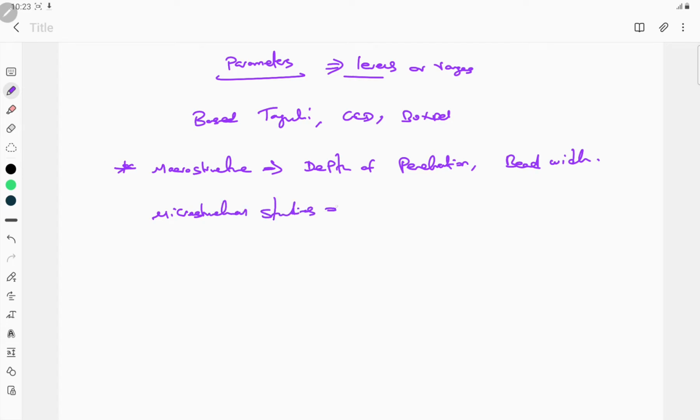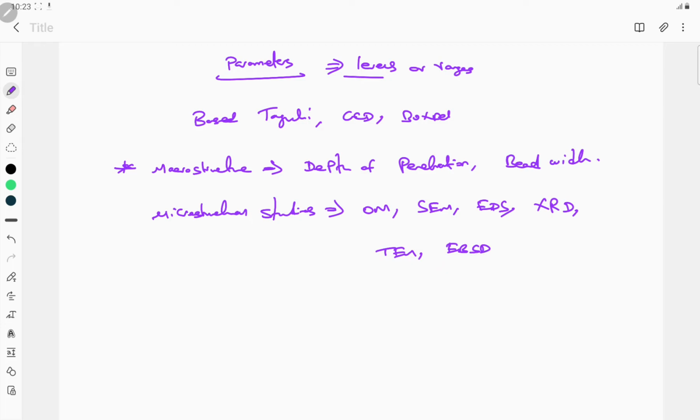Microstructural studies they might have done using optical microscope, scanning electron microscope, EDS analysis, and then XRD, and then TEM, and then you will be having information related to EBSD. So these are all some of the metallurgical studies.